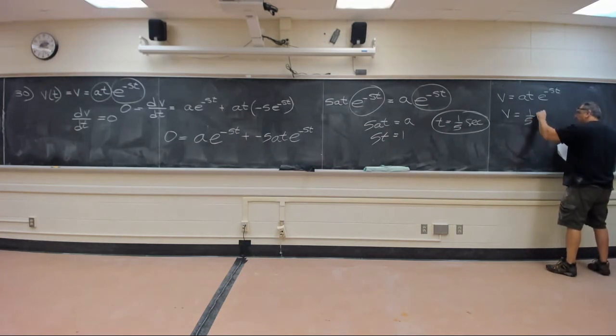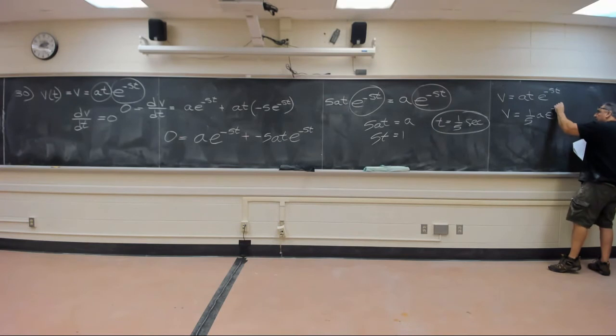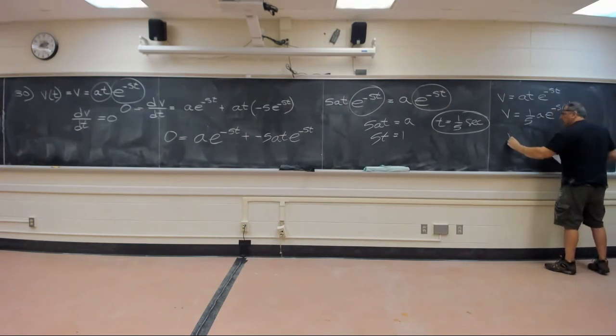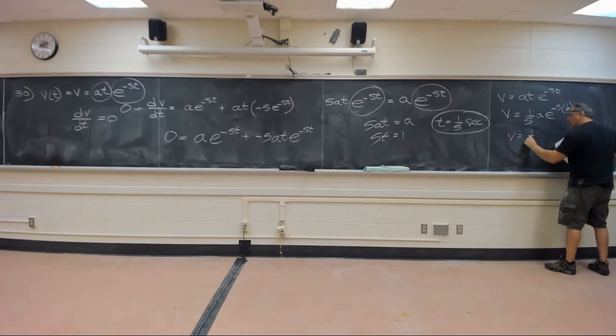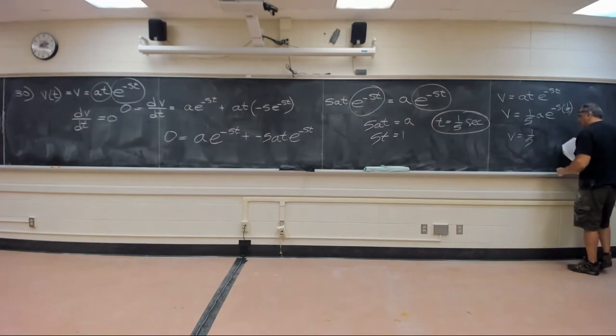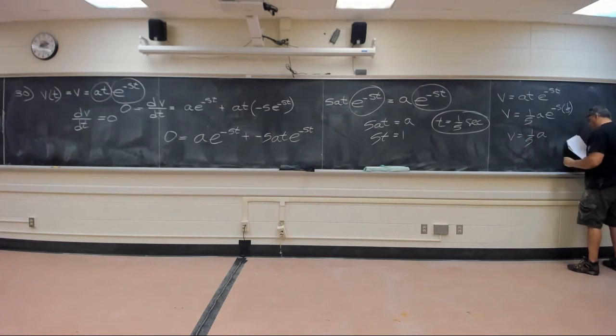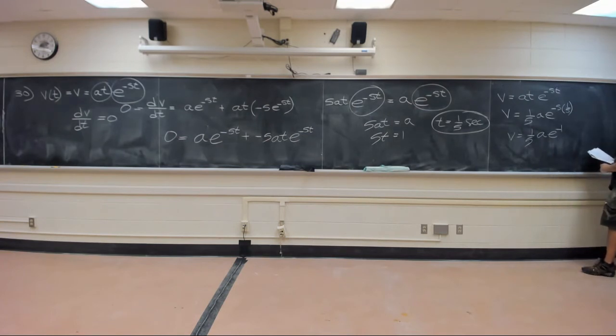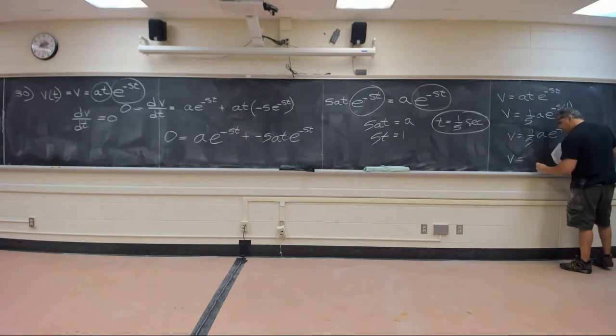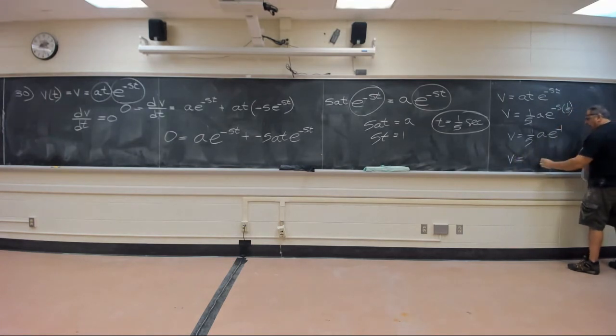T is 1/5, a is a, and we get a times 1/5 times e to the negative 1. E to the negative 1 is just 1 over e.